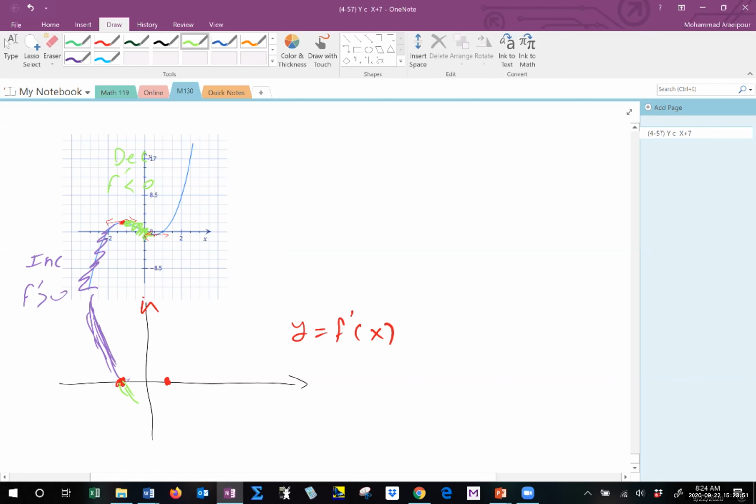But it has to come back up, because there is another 0, as you can see. And finally, this portion of the graph is increasing. f prime is positive, so it has to come back up. So it looks something like that. Okay, class, I hope everybody is comfortable with the concept.